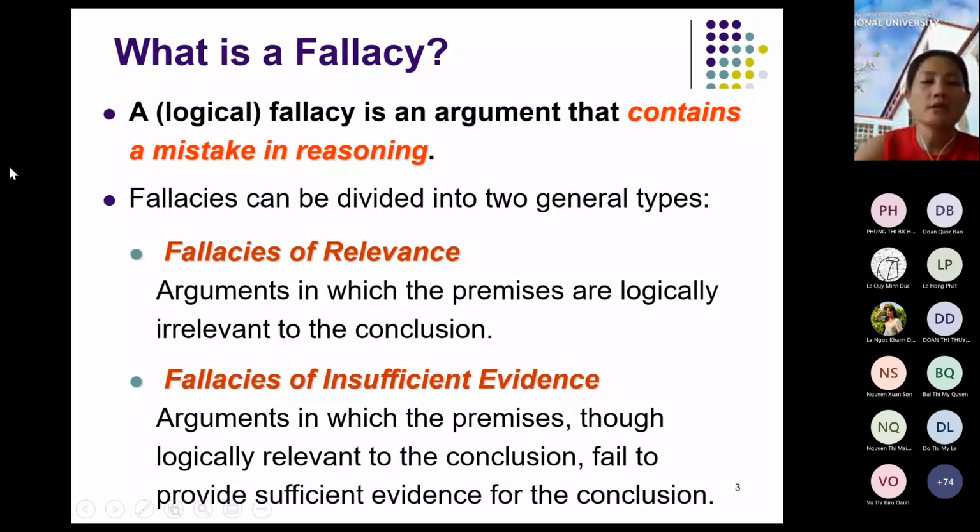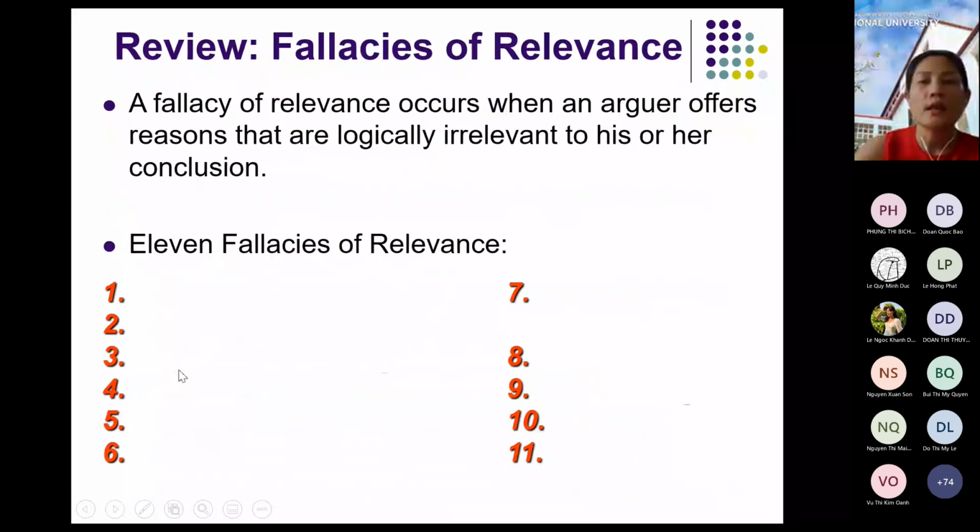Before we get into the second part of the fallacies, let's recall what we have learned. Now I'm looking at the chat box and the participant list. I want to see a hand from someone who volunteers to recall the 11 types of fallacies you learned last week without looking at the notes. A volunteer needs to turn on the camera so that everyone can see you, and then start to name the 11 fallacies. Now I'm waiting.